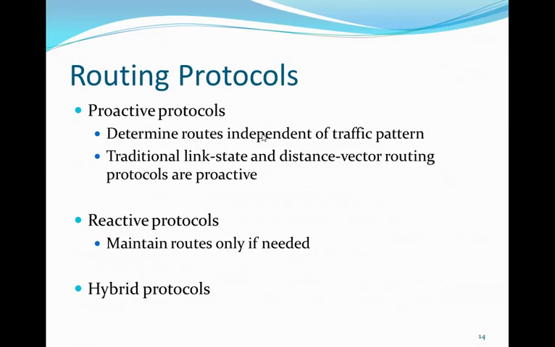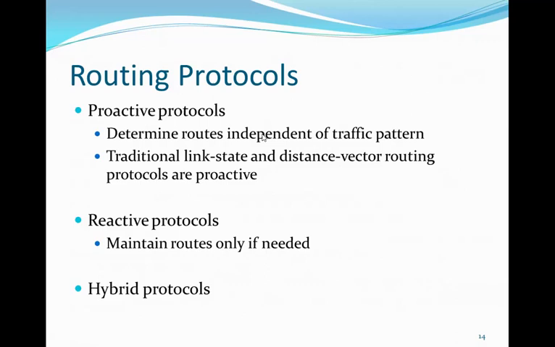Another important type is the reactive protocol, which is clear from its name, and it maintains a route whenever there is a need for communication. If there is no need, then they will delete these routes.